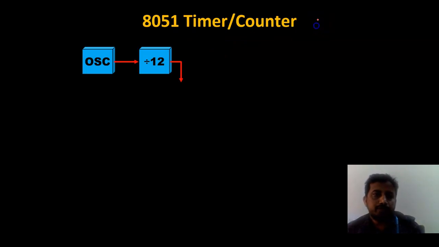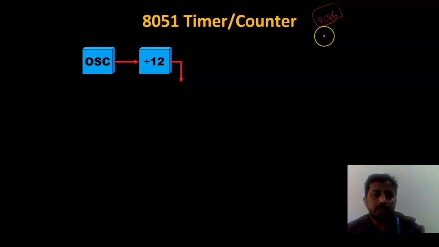First of all, what is a timer and what is its use in the 8051 microcontroller, and how important is it when compared to a timer available in a microcontroller chip? When you take the 8086 microprocessor, you don't have any internal timers.